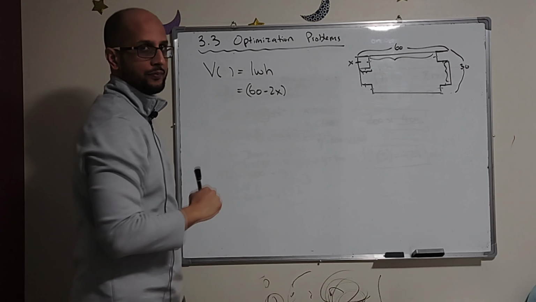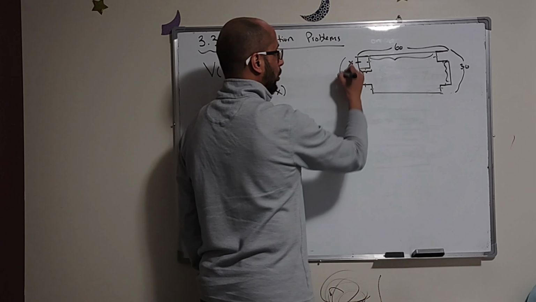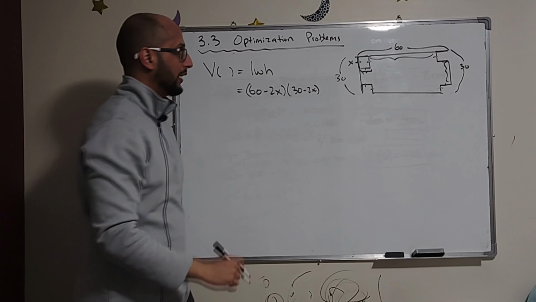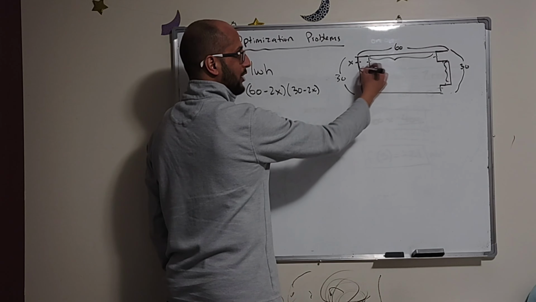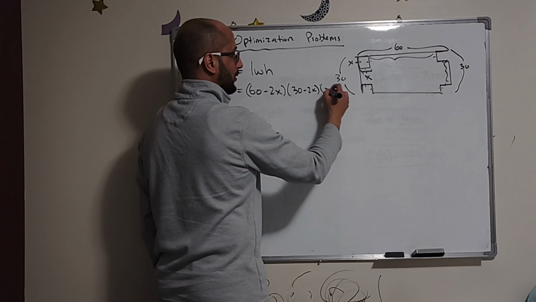That's the length. For the width, same idea on the other side. This whole thing is 30. We cut off an x here, and we cut off an x here. So that would be 30 minus 2x again. And finally, the height we know is here. That's the part that's getting cut off. So, sorry, not h, it's x.